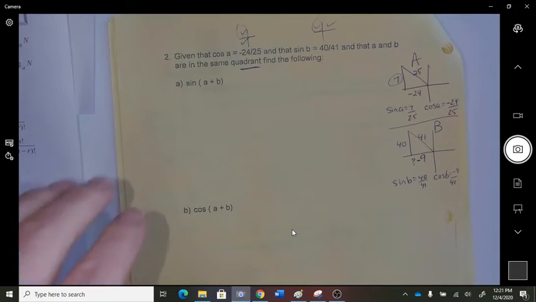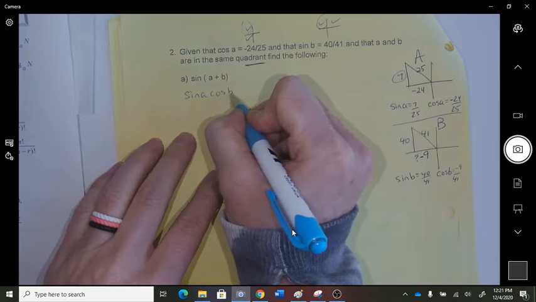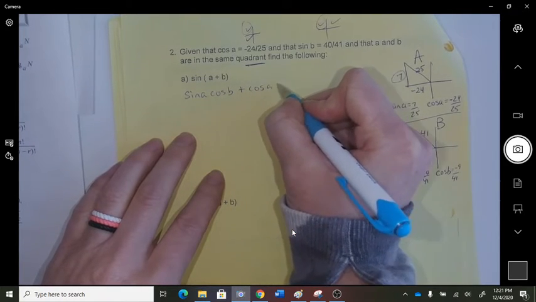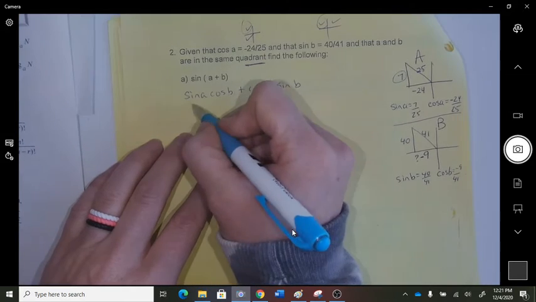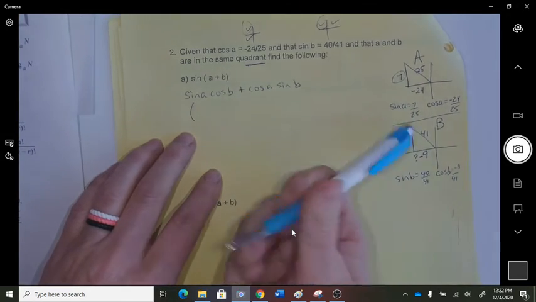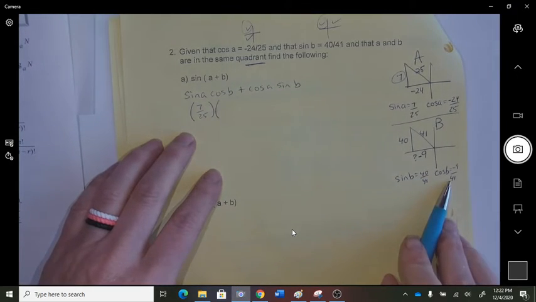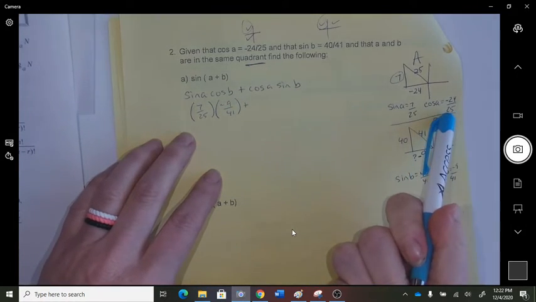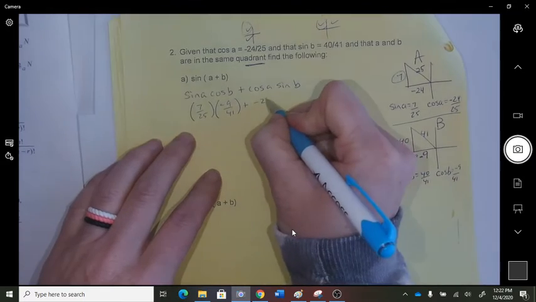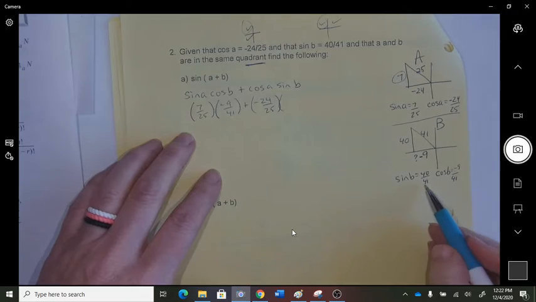Okay, so I wrote all my trig ratios out on the side, and now I just fill in the formula. So sine A cos B plus cos A sine B. That's the formula. Okay, so following here, sine A is 7 over 25, cos B is negative 9 over 41, cos A negative 24 over 25, sine B is 40 over 41.